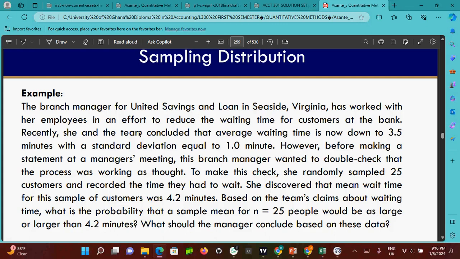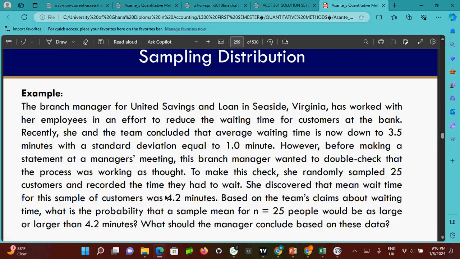So initially, we think of where the average waiting time is, and now she also got this. Based on the team's claims about waiting time, what's the probability that a sample mean of 25 would be as large or larger than 4.2 minutes? What should the manager conclude based on this data?